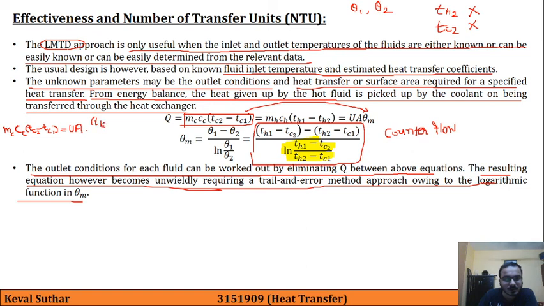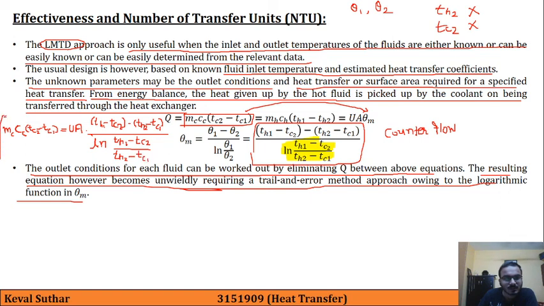(TH1 minus TC2) minus (TH2 minus TC1), divided by ln of (TH1 minus TC2) divided by (TH2 minus TC1).